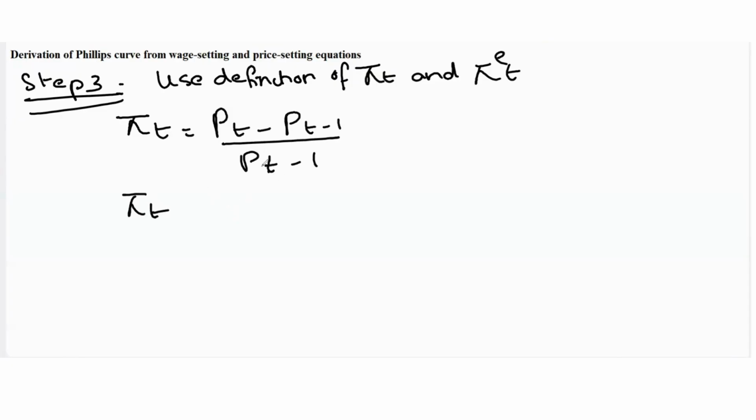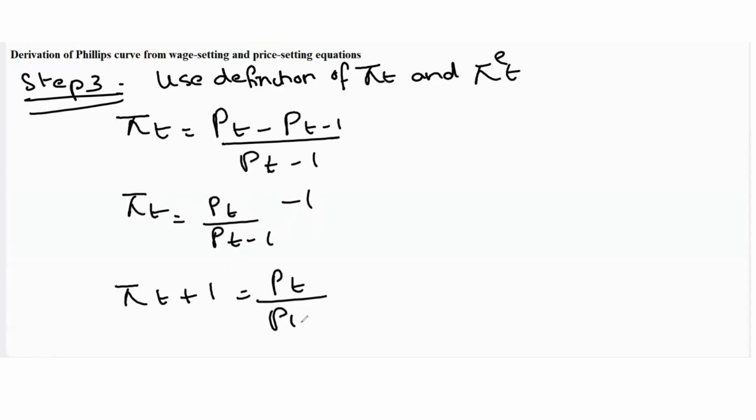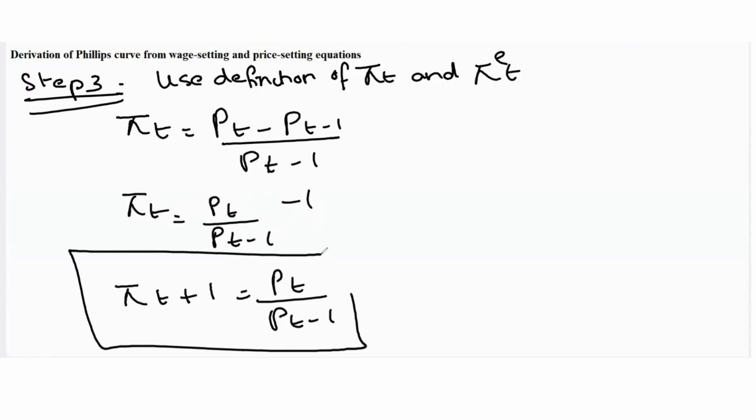If I distribute this denominator, I can write this as Pt by Pt-1 minus 1. And then we can write this as pi t plus 1 is equal to Pt by Pt-1. If you recall, when we divided both sides by Pt-1, on the left hand side we had Pt by Pt-1. So we can substitute that with pi t plus 1, so that we can write it in terms of inflation.